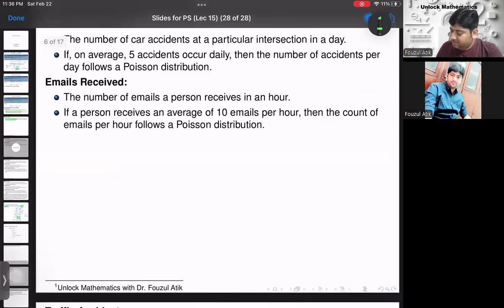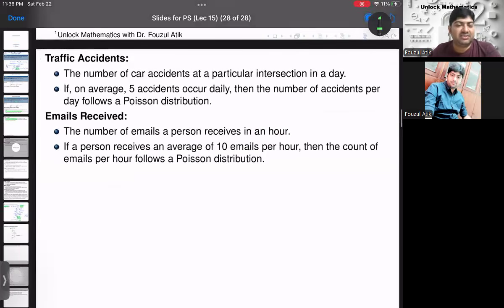Okay. Similarly, consider the number of emails a person receives in an hour. We don't have any idea, right? In a particular hour you may get one email, you may get two emails, you may get zero emails, or you may get a big number of emails.